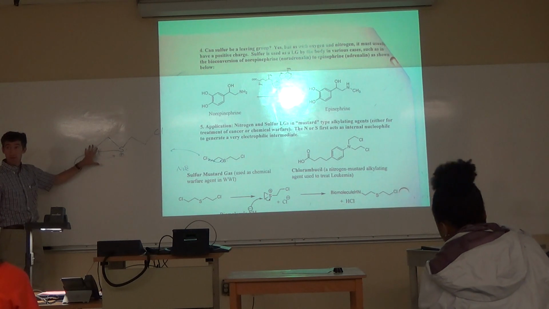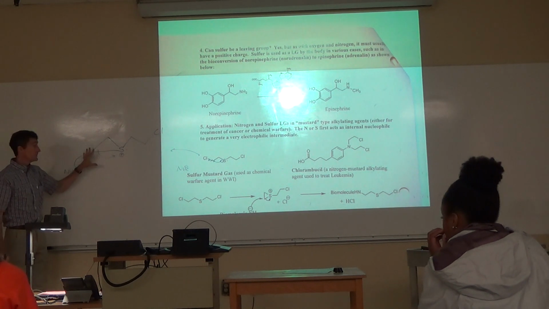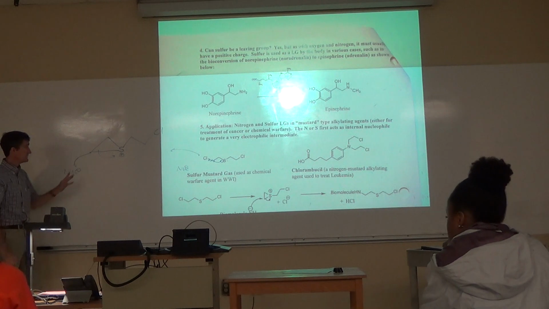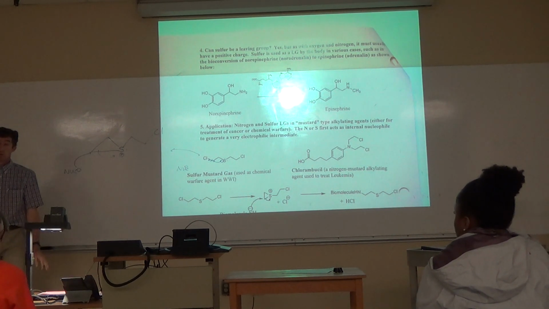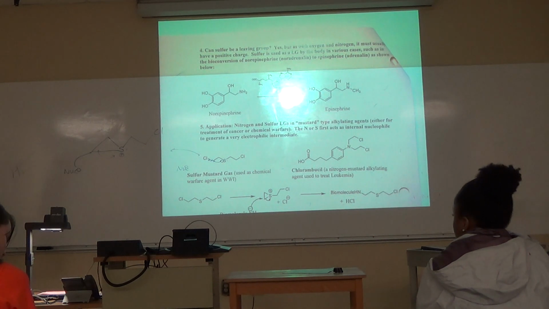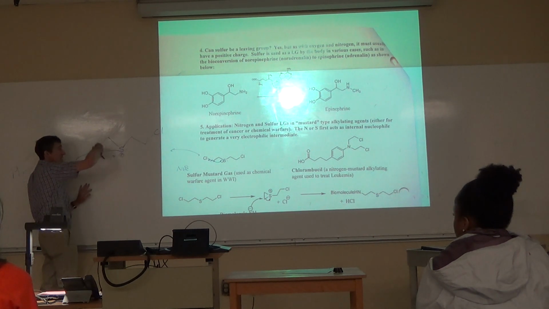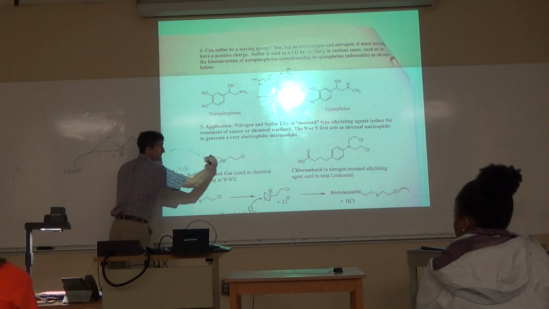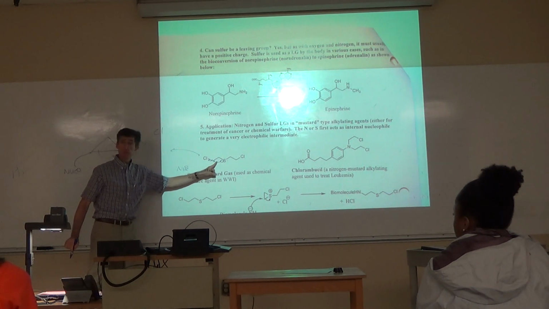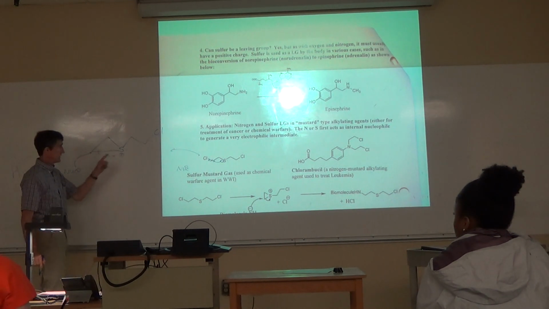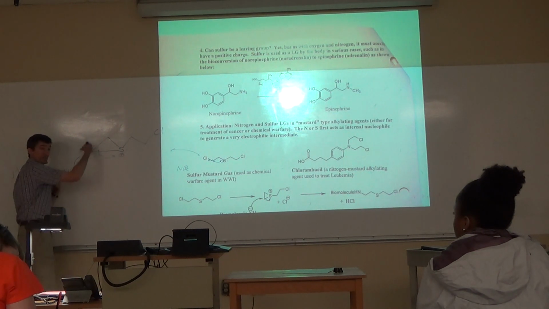Ring strain. This really wants to be opened back up. This is begging for some nucleophile to come in here and kick that sulfur back off. So this is a reactive intermediate formed from these things. Sometimes this is called a neighboring group effect. The sulfur there leads to this, and this is highly reactive.